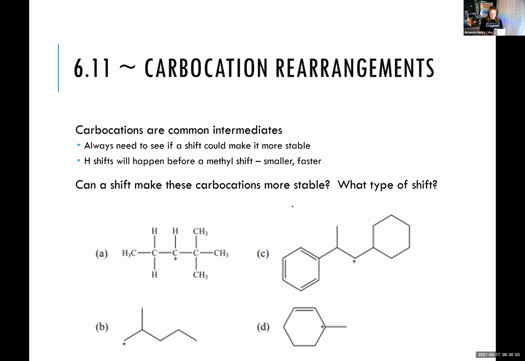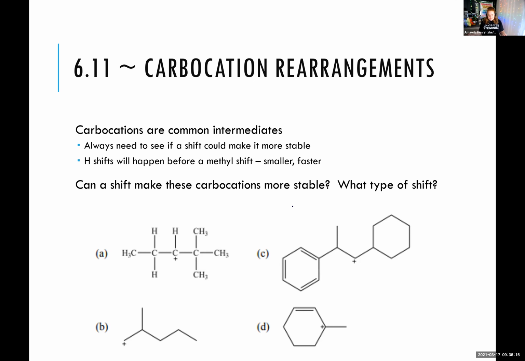All right, so a little bit more on these carbocation rearrangements, partly because we have to be able to see if a rearrangement is possible. The ones that we've looked at so far, I've told you this is going to rearrange, and we've looked at both types, hydrogen and methyl.